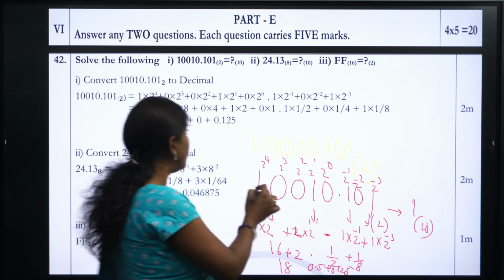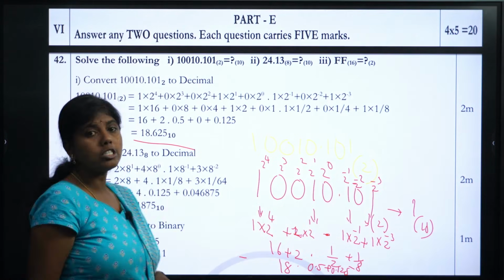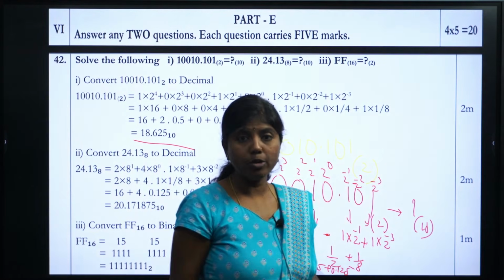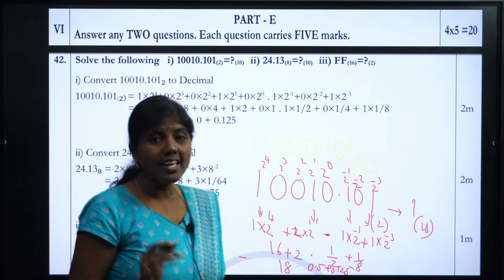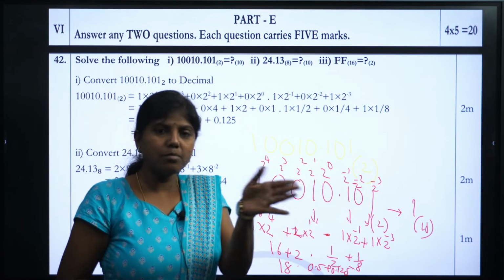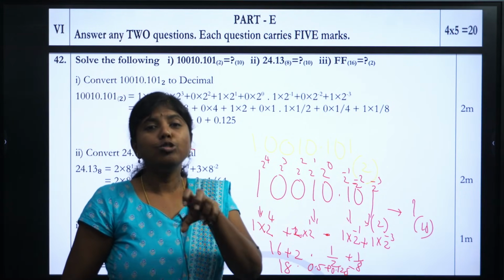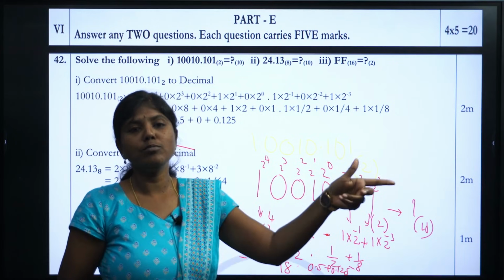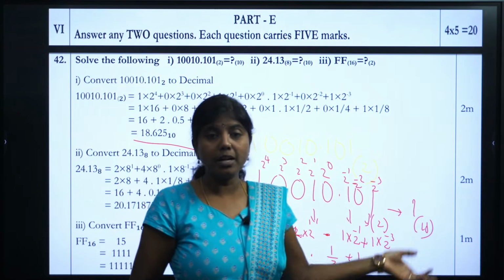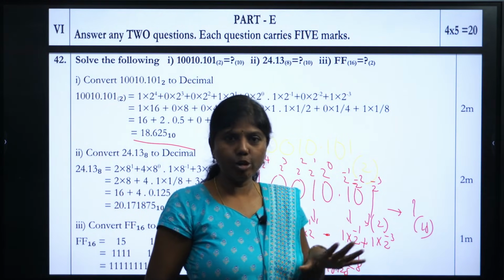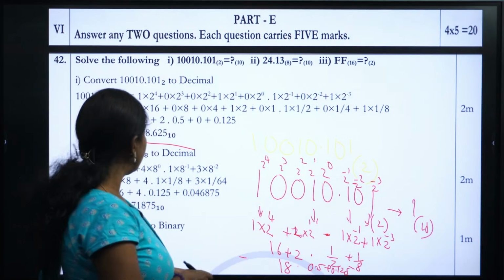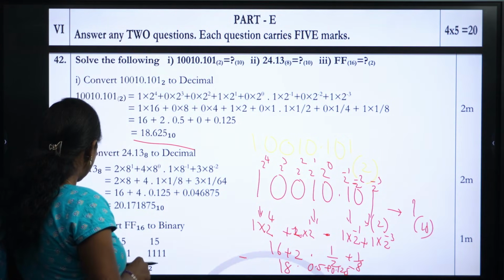That will give you 18.625. It's a very simple thing. I told you, any other number system back to decimal means you just have to multiply in terms of 2, multiply in terms of 8, multiply in terms of 16 and add it. You will get back. Okay, so now we will go for the next question.